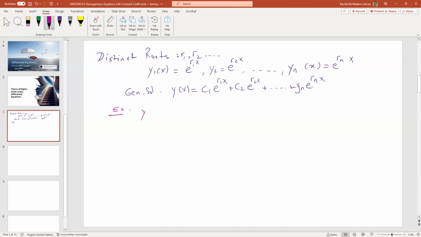Now we do a third order, minus a second derivative, let's say minus 5 times the first derivative. And here we're solving, it's not an IVP, more of find the general solution.